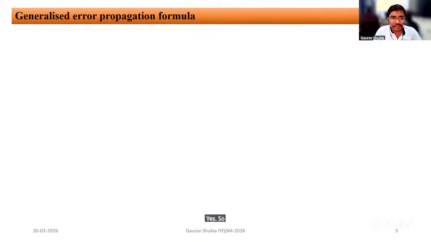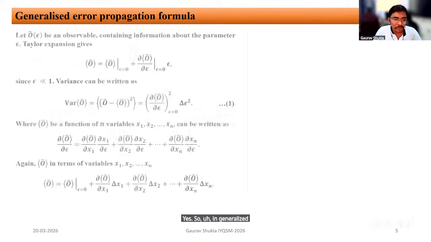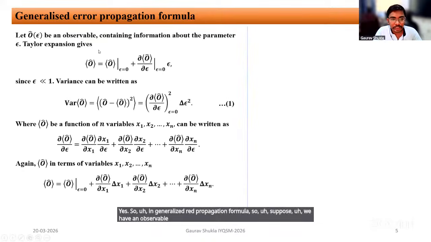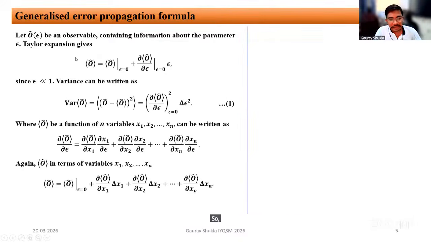So in the generalized error propagation formula, suppose we have an observable O which contains the information of the parameter epsilon. Its Taylor expansion can be written in this form. Since epsilon is a very small quantity, we neglect the higher order terms, and so we can write the variance in this form. And again, we consider the expectation value of this observable.